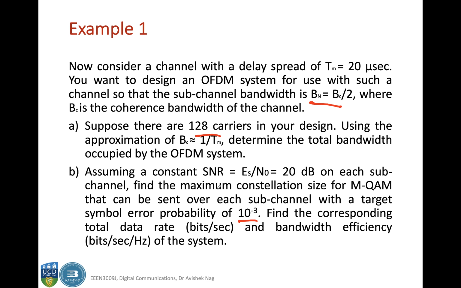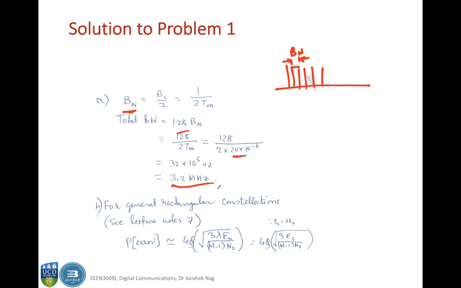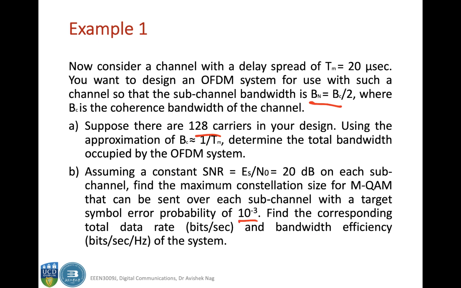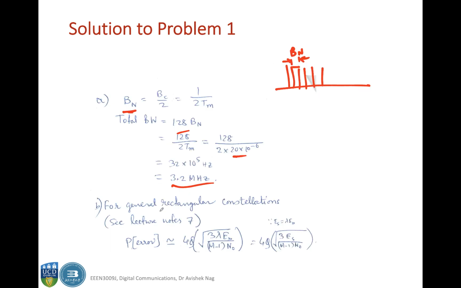First things first. For MQAM, nothing is mentioned here, so let's assume that it's a rectangular constellation. For a rectangular constellation, we have studied this before. The probability of error is approximately given as this.